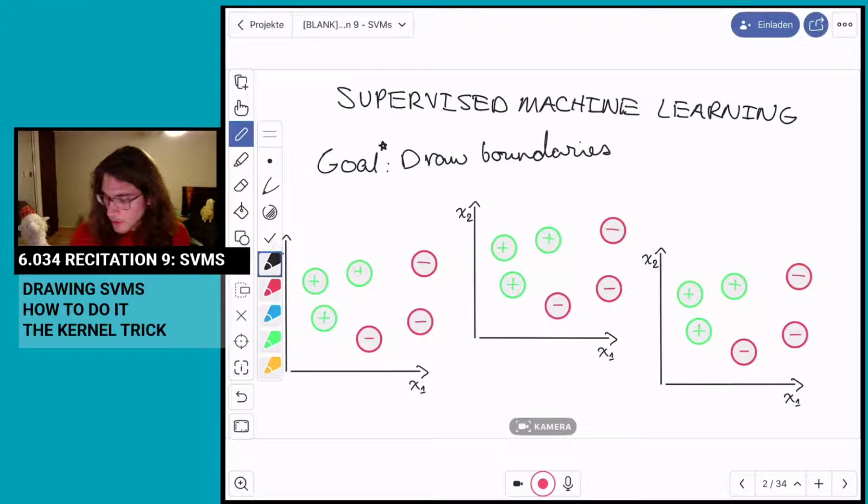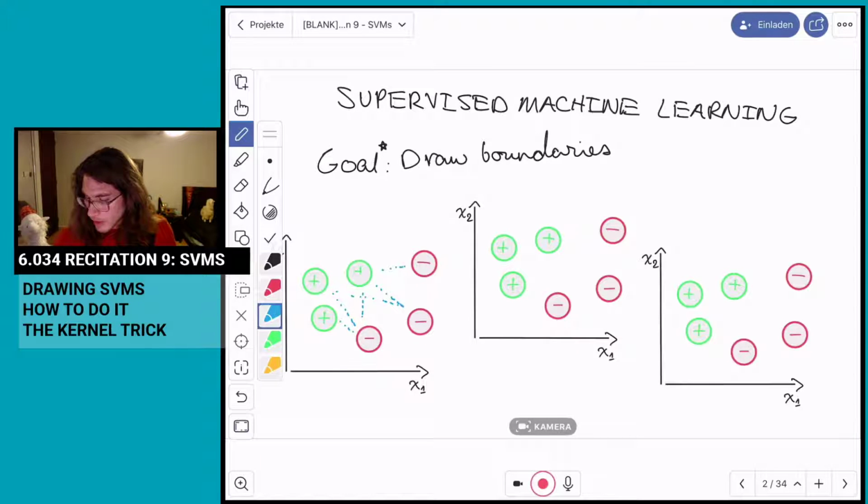So this is going to be a recap of the previous two recitations. Remember the k nearest neighbors recitation, when we were doing k equal to 1, drawing boundaries by hand, we were doing this perpendicular bisector business between different pairs of points. I'm just dotting them lightly. I'm not going to draw all pairs of points. And then we would have the perpendicular bisectors extend and then connect somehow.